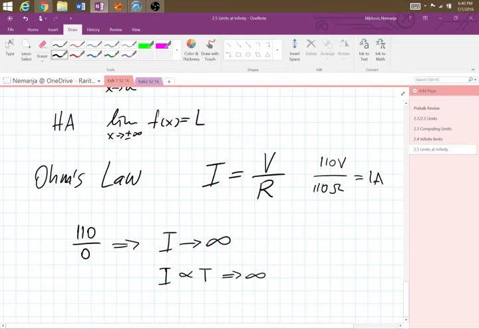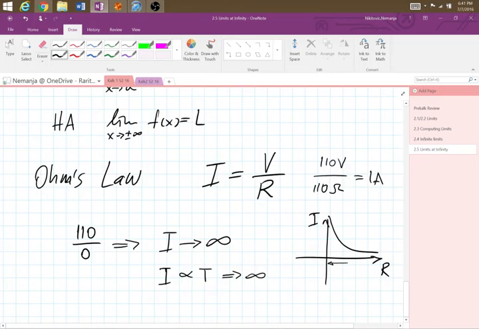But here is the example of our limits, and here is the example of that going to infinity. We are only looking at one part of this. This will be your current, and this will be the resistance. And as you can see, as the resistance goes to 0, meaning you are shorting it, the current goes to infinity. If the current goes to infinity, temperature goes to infinity, hence fire.